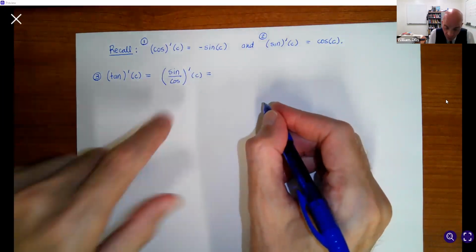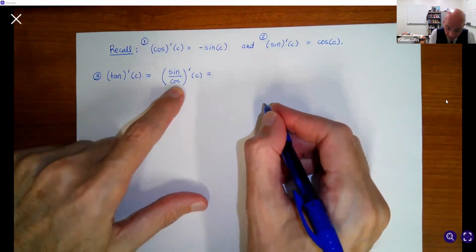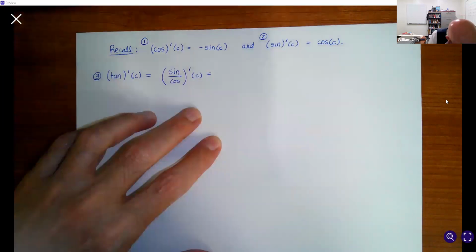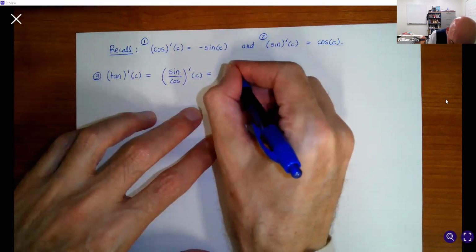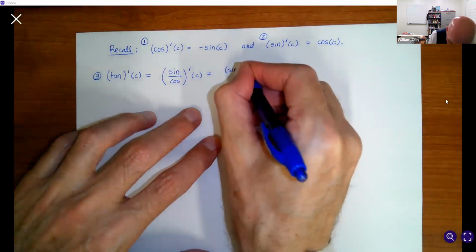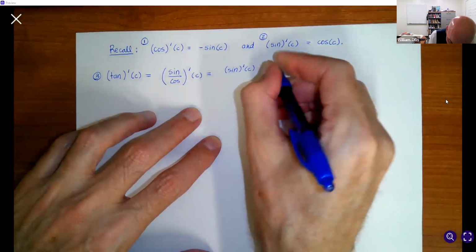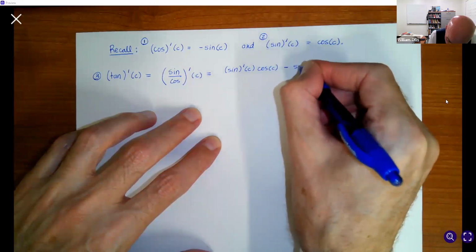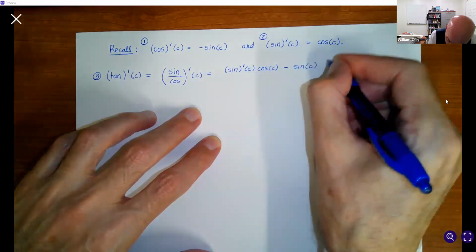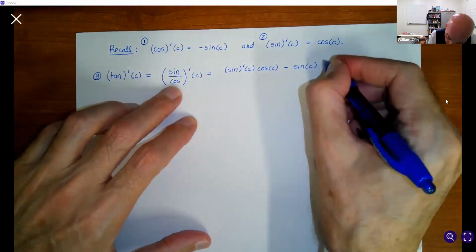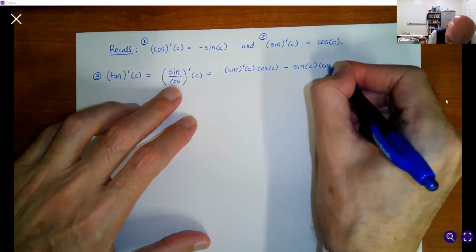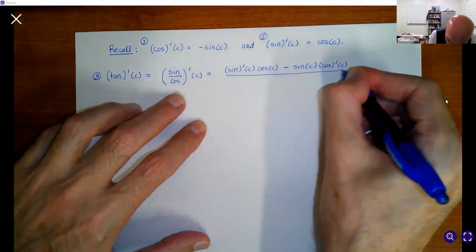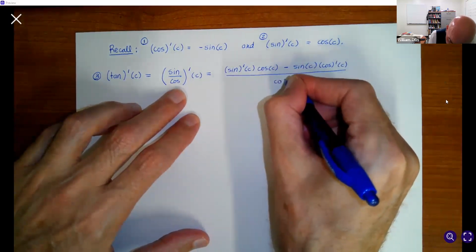So now we've got a quotient, so we can apply the quotient rule that we just proved. I'll write this out: we'll have sine prime at C times cosine at C, minus sine of C times the derivative of the cosine, cosine prime at C, divided by the square of cosine.